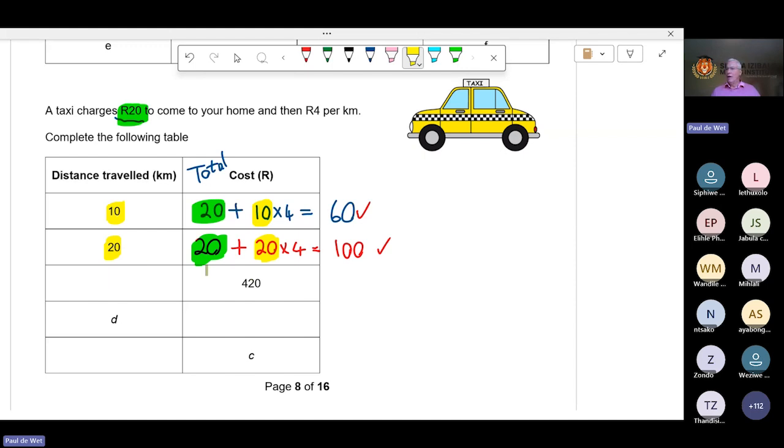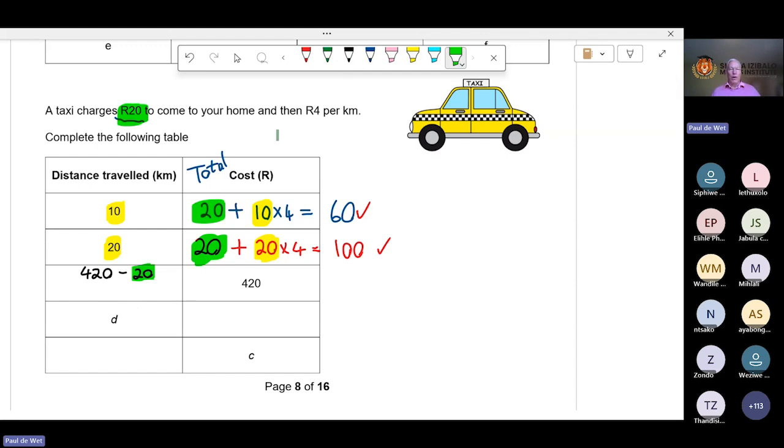The way, okay, I'm seeing an 85. I don't understand where 85 is coming from. Okay, guys, think about going backwards. Let's take off the 20 Rand. And that 20 Rand that I'm subtracting is how much the taxi charged to get to my house.